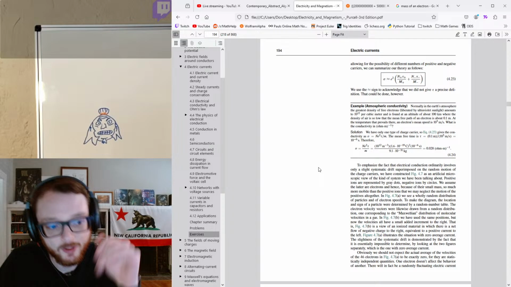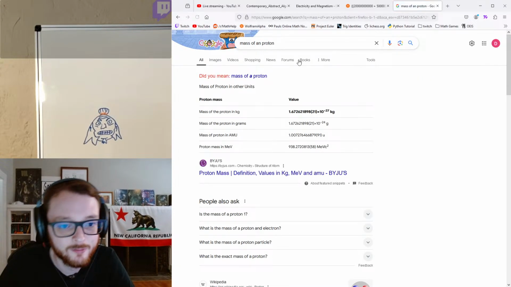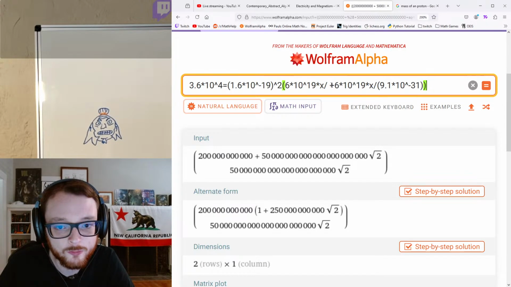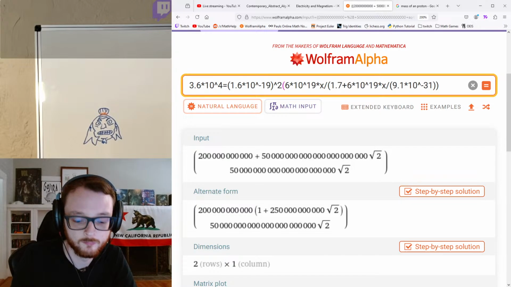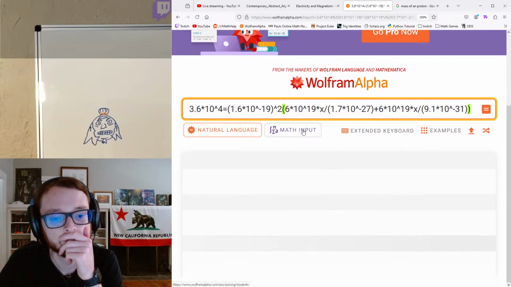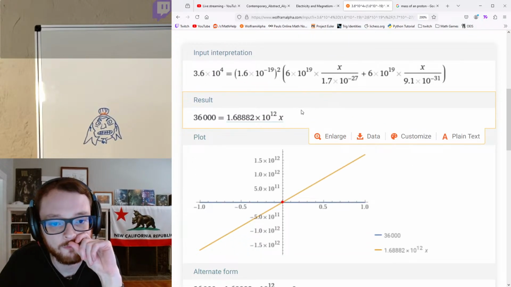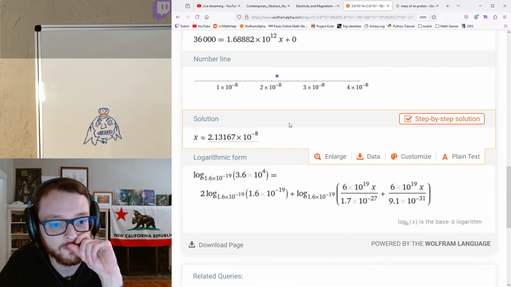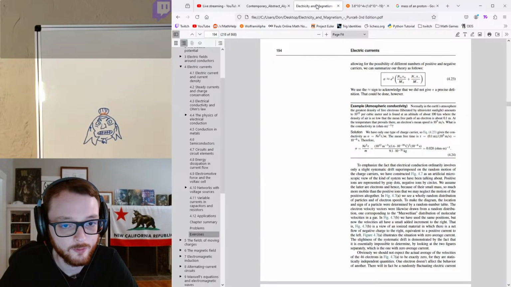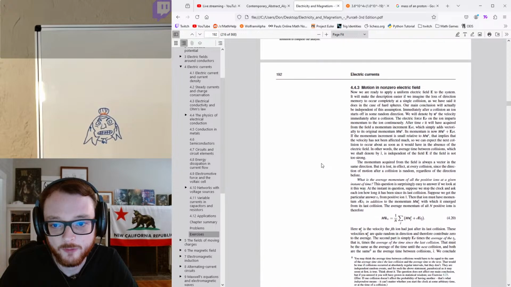I think it's supposed to be the mass of the ion, but we don't know what the ion is, so I'm just gonna say the mass of a proton. I think. Like, I don't really know what else to put there. 1.7 times 10 to the minus 27. No, solve for x, Wolfram. There we go. 2.1 times 10 to the minus 8 seconds, which I think is a lot shorter than the mean free times.